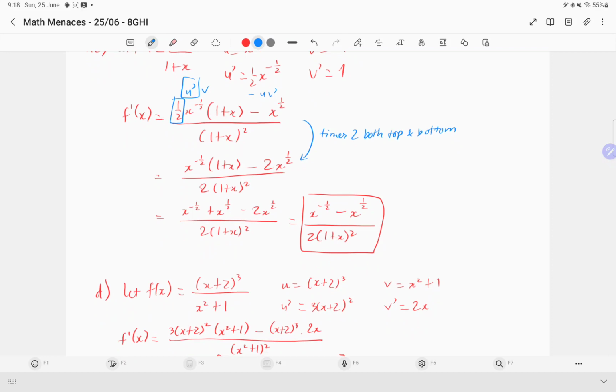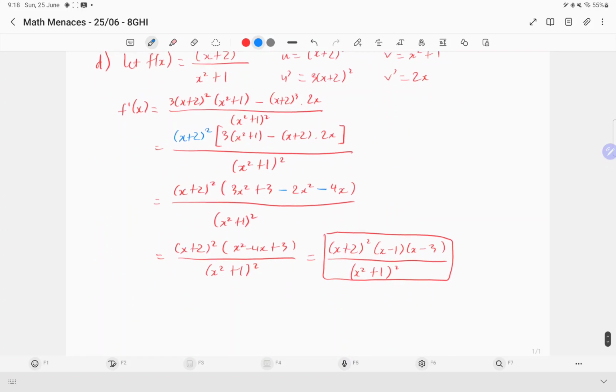So Sarah, when you're done with C, just move on to F. For question 2C, once you've got the two parts, can you take out 2x plus 1 to the power of a half, or not, because the other one will be negative a half?